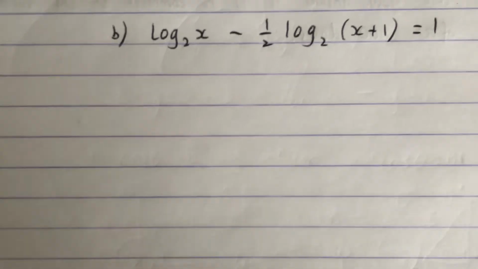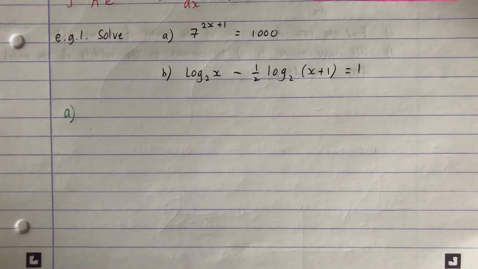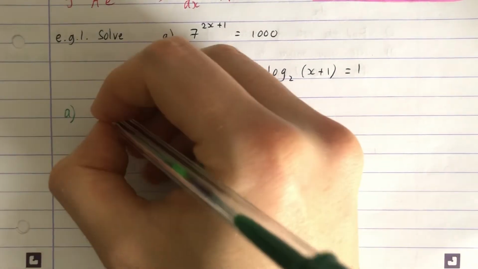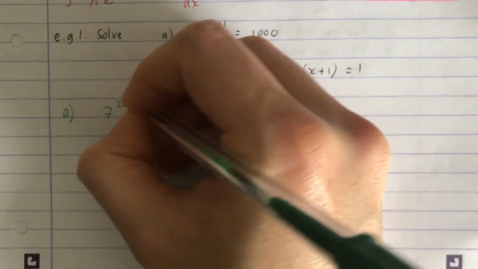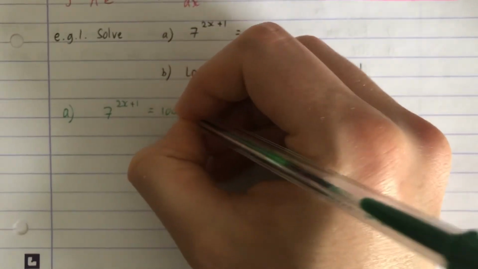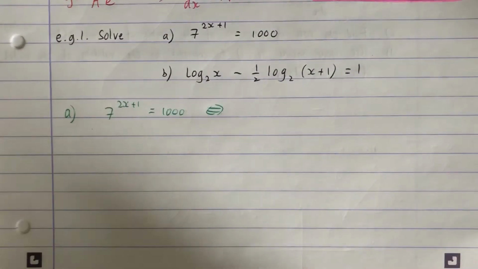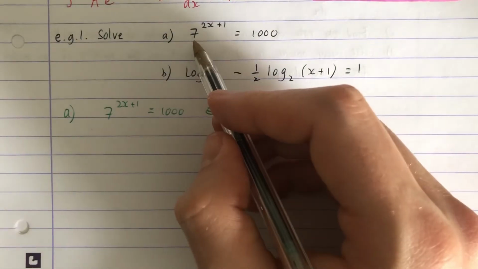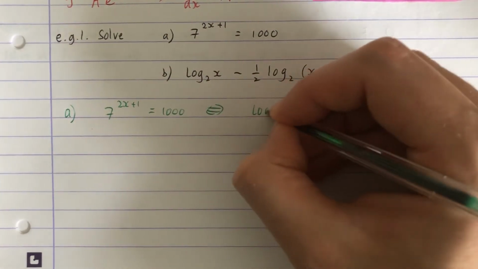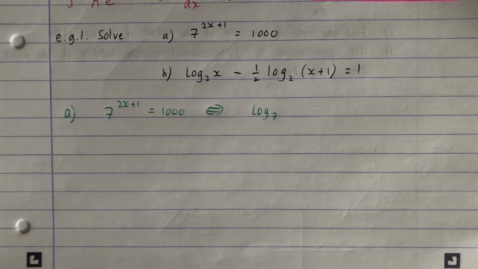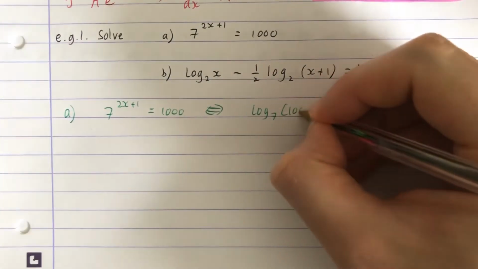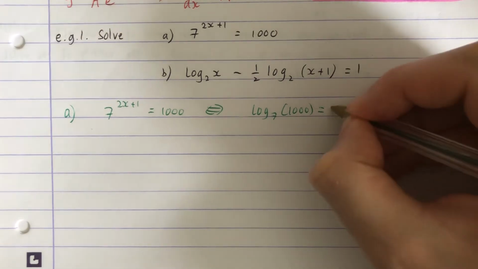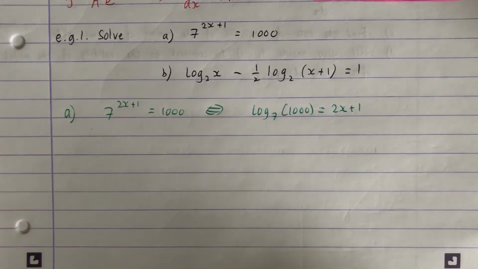So using the rule I've just stated, 7 to the power of 2x plus 1 is equal to 1,000 is equivalent to log base 7 of 1,000 is equal to the power, which is 2x plus 1.